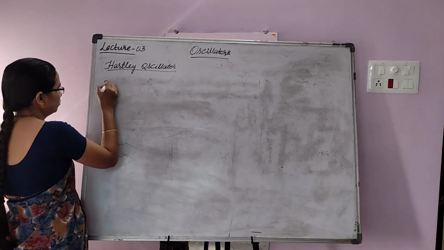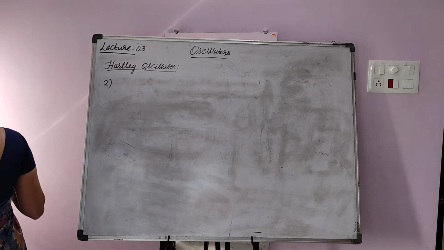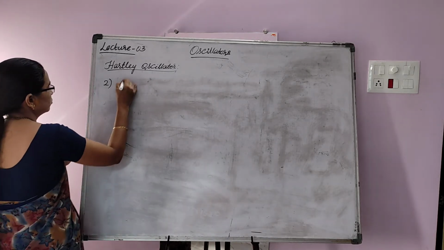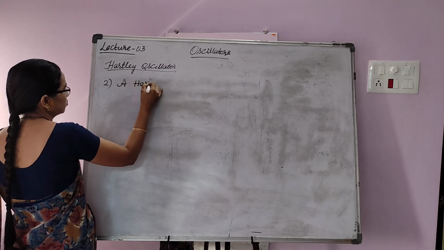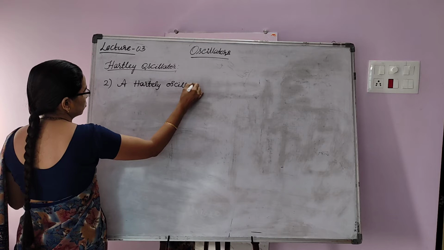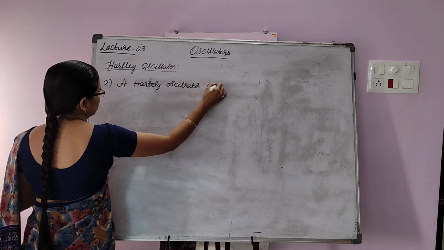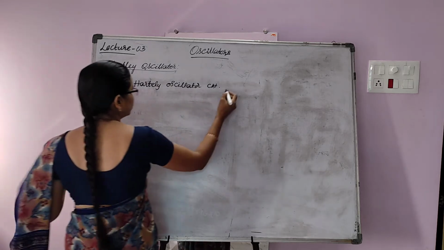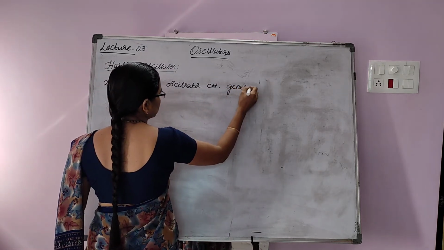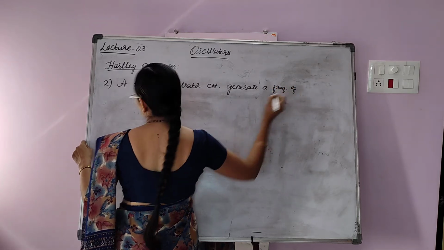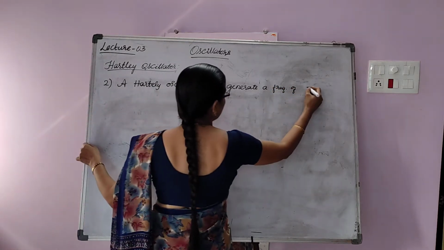Next problem. A Hartley oscillator circuit generates a frequency of 24 kilohertz.